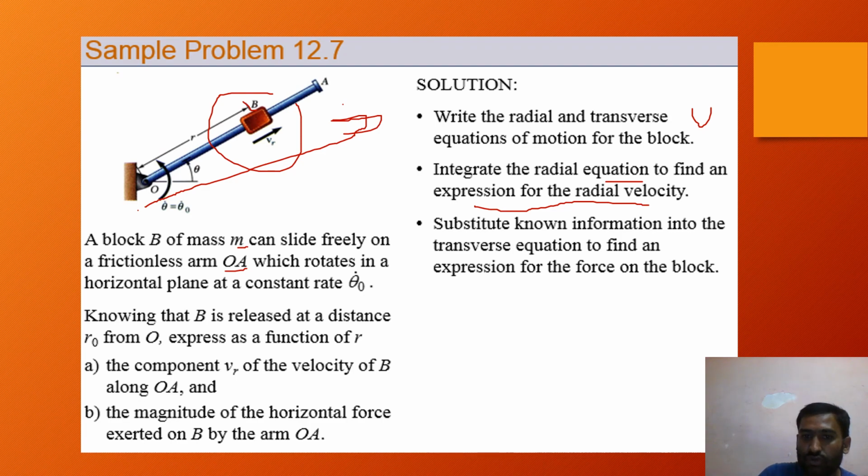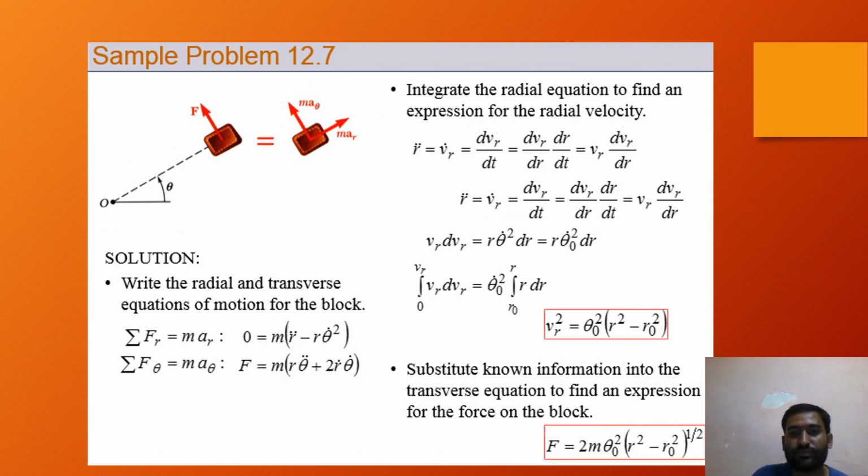Substitute known information into the transverse equation to find an expression for the force on the block. I gave you the hint in the previous slide. I want you to solve it by hand and try to understand.